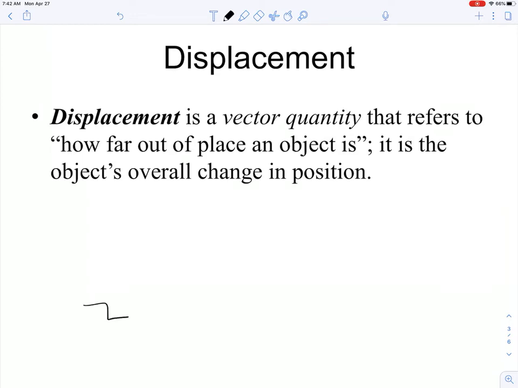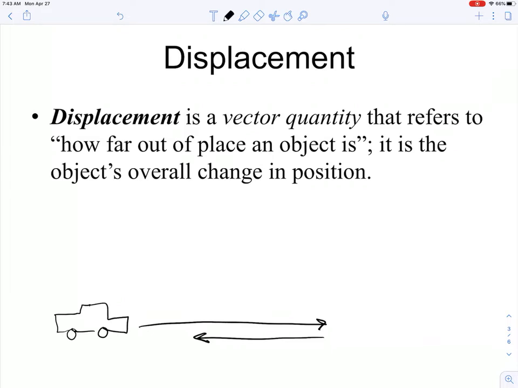Another example could be, let's say you're in a car, and you drive 15 miles east, and then you drive 10 miles west.